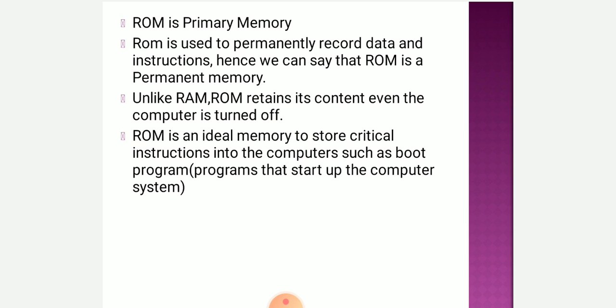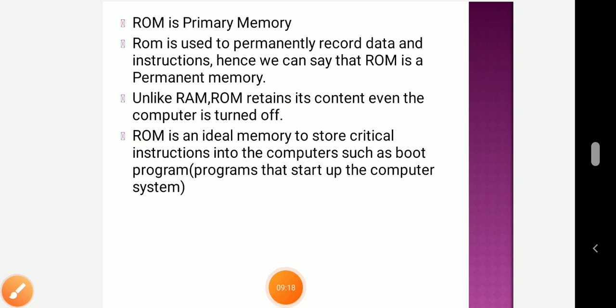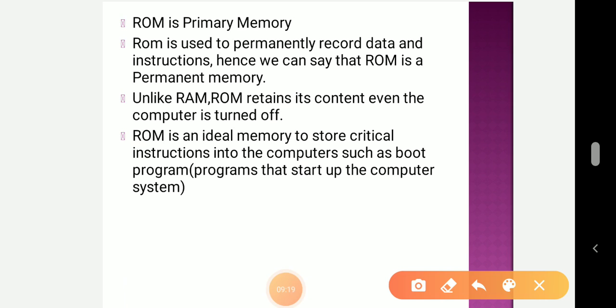ROM is used to permanently record data and instruction. It means in the ROM all the records are stored permanently. Hence we can say that ROM is a permanent memory.